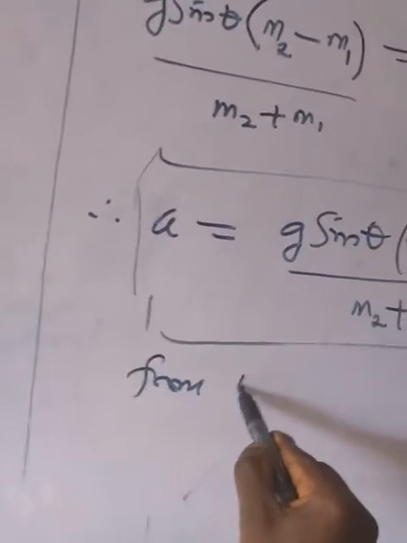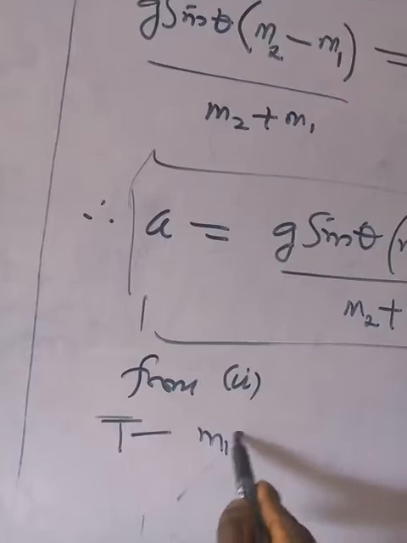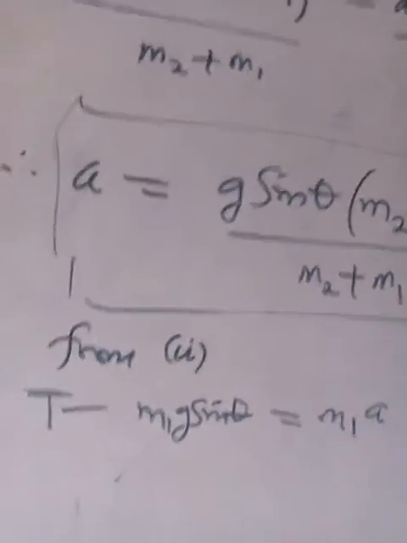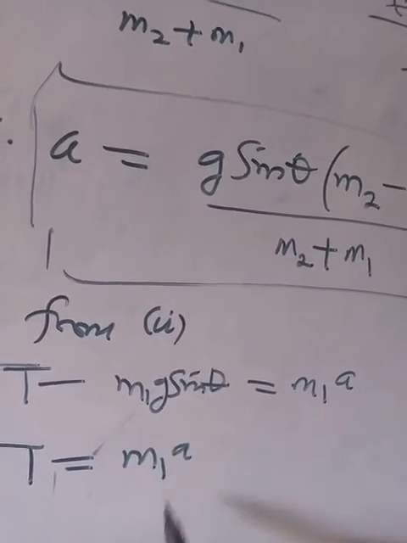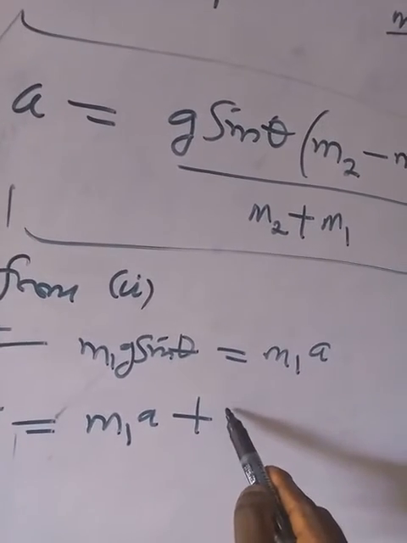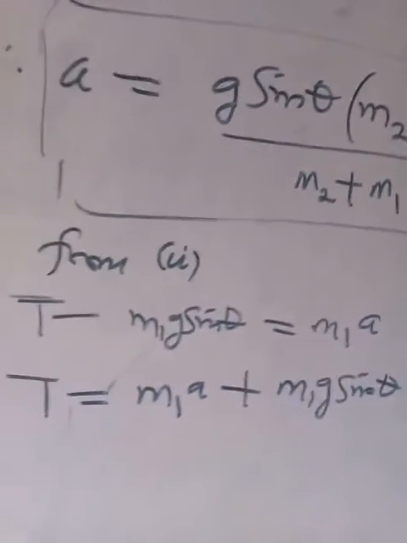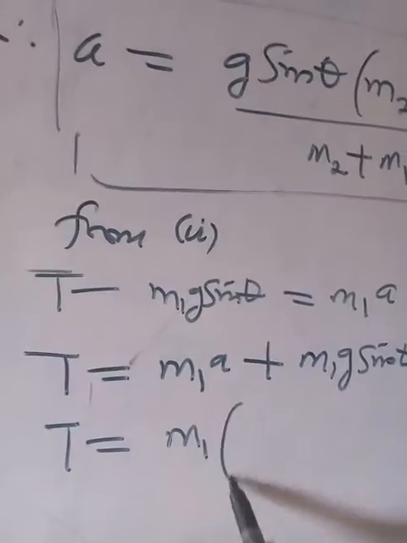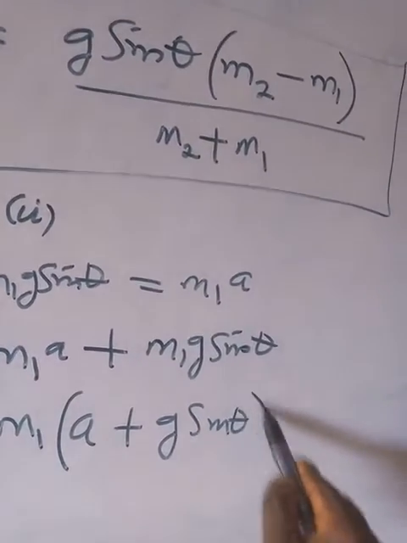Maybe from equation 2, which is tension minus m1g sine theta equals m1a. Making tension the subject, that will be m1a plus m1g sine theta. Then tension equals m1 is common, acceleration plus g sine theta.